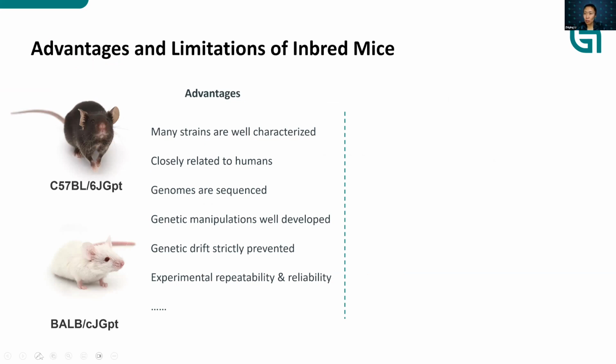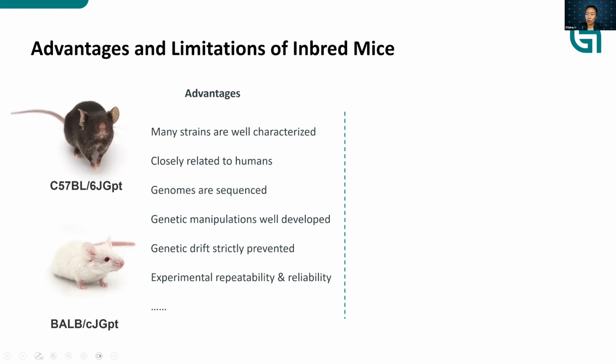So starting with the inbred mice that we have been so familiar with, they're great as experimental tools for exploring life science, biology, research and development. They're really well characterized. They're close to human in terms of genetic and genomic information.